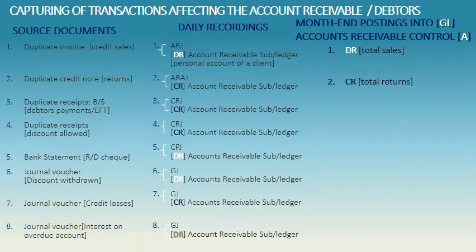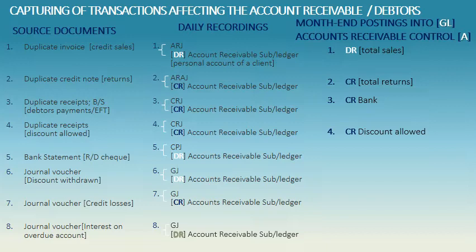Total returns were credited to the control account in the general ledger, posted from the accounts receivable allowances journal. The accounts receivable control in the ledger was credited with the contra bank posted from the cash receipt journal as debtors' payment.